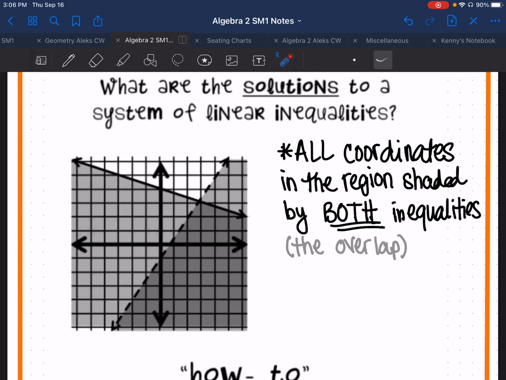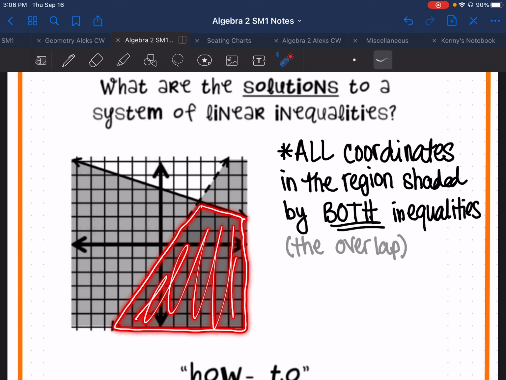So if you notice right here, the solid line, which is an or equal to line, is being shaded below. So it's less than or equal to. The dashed line is also being shaded below, so it is simply less than. Notice that right in this boundary right here, the two colors of the shading are overlapping. This is where my solutions lie.